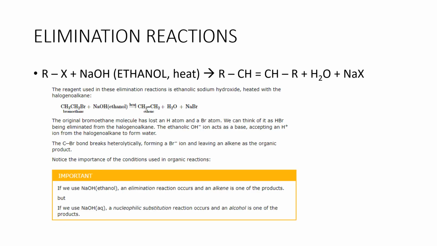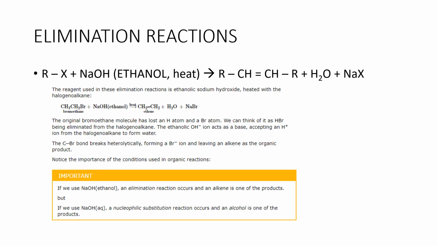Besides nucleophilic substitution, halogenoalkane can undergo elimination reactions. For example, with NaOH in ethanol and heating, the X and the hydrogen will leave the molecule to form an alkene.